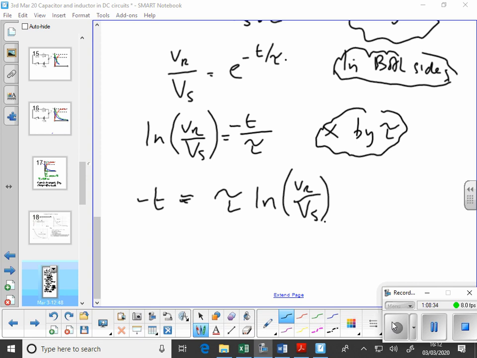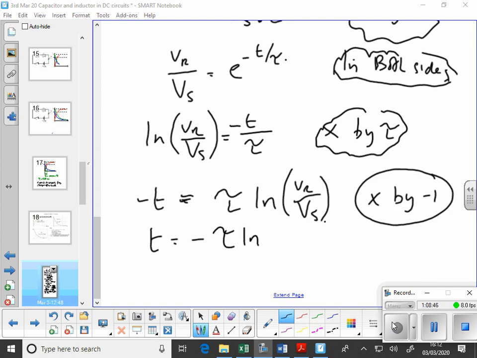Multiply by minus 1. So t is equal to minus tau ln of little VR over Vs, close brackets.